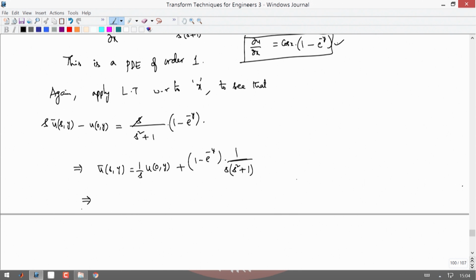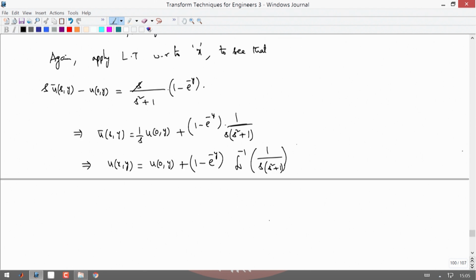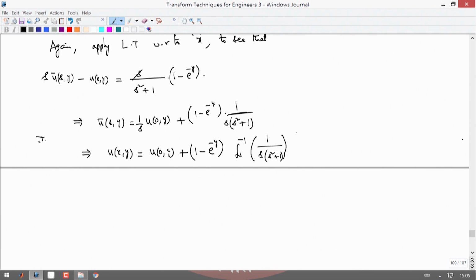So, here you get by Laplace inversion that u(x, y) equals u at (0, y) plus (1 − e^(−y)) times the Laplace inversion of 1/(s(s²+1)).